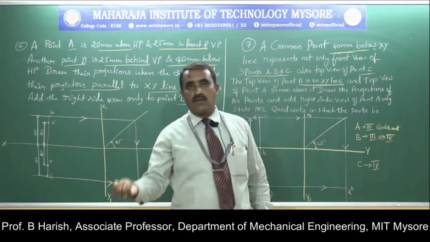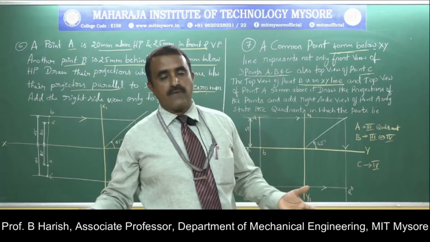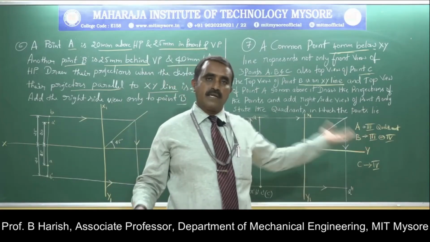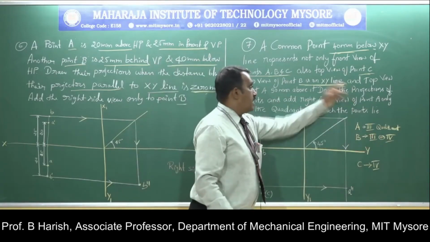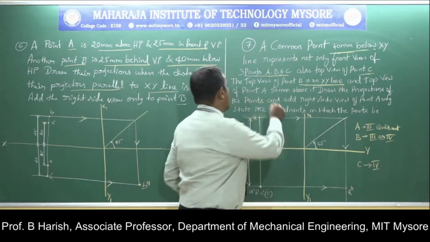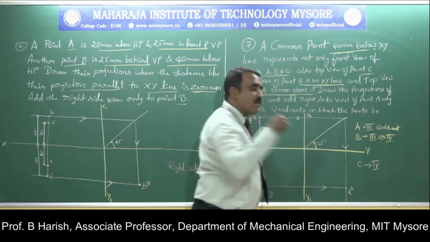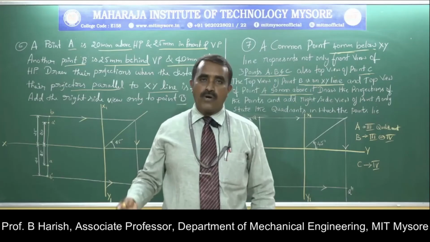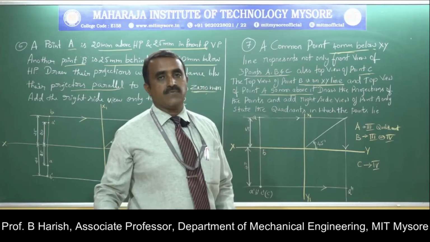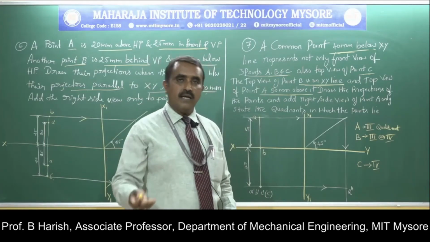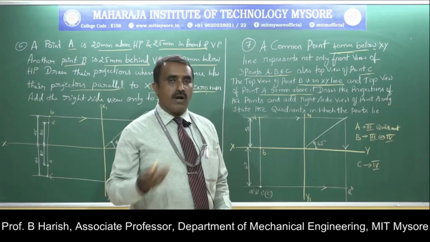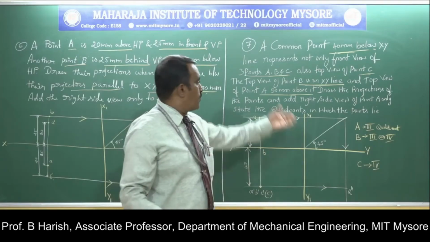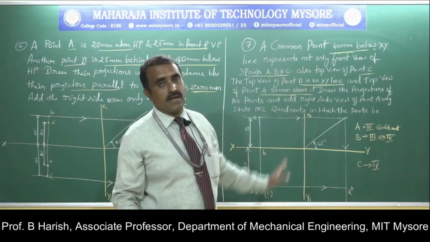There also I do not bother which quadrant, as he is straight away telling that it is on the xy line, so I represent it on the xy line. Next he says that the top view of point A is 50 mm above it, which means above the xy line. Once again I do not bother about the quadrant.